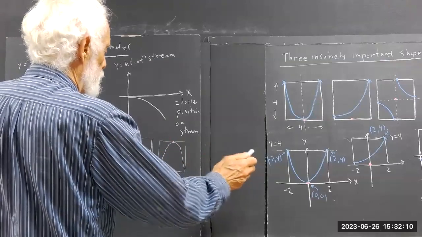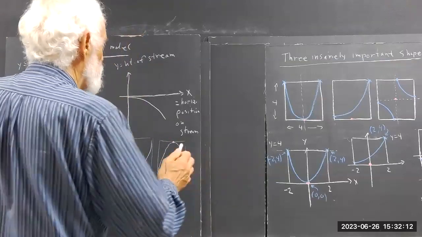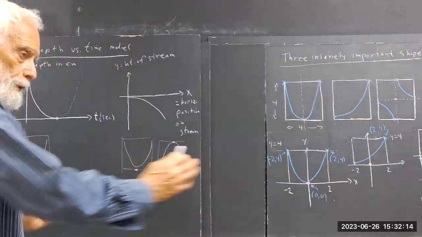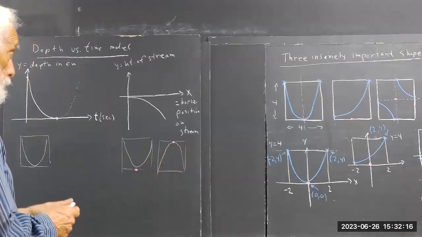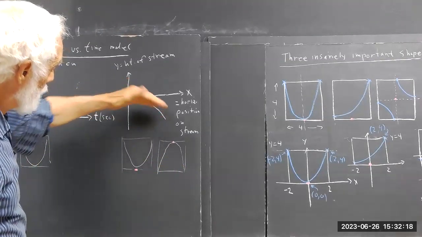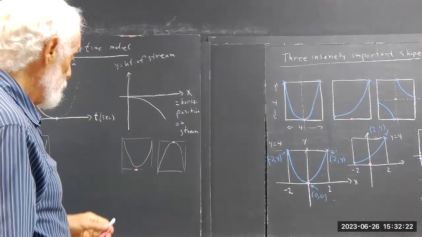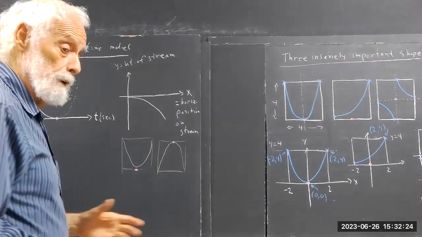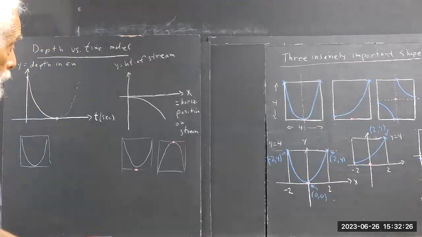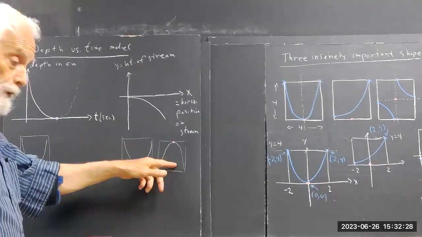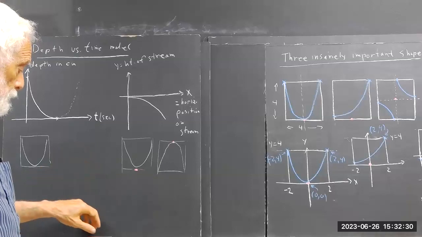Then we stretch it this way, either in this direction or in this direction, to obtain the actual path of the stream. Now we do that analytically, but we can also see how it works geometrically. And we want to see this geometric process.